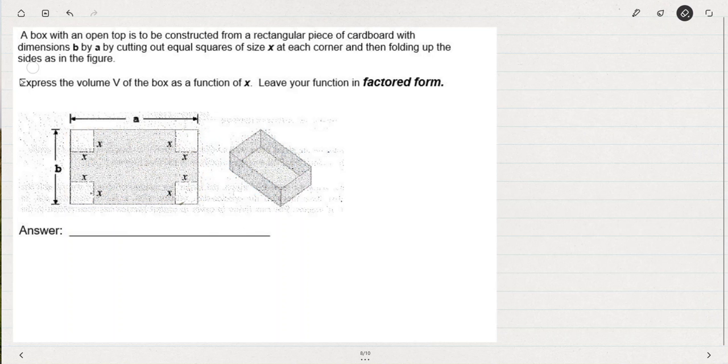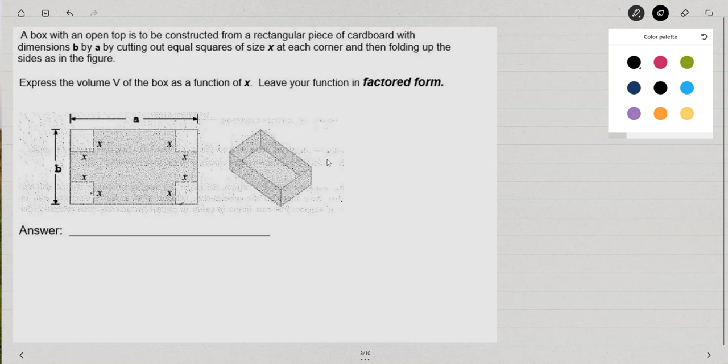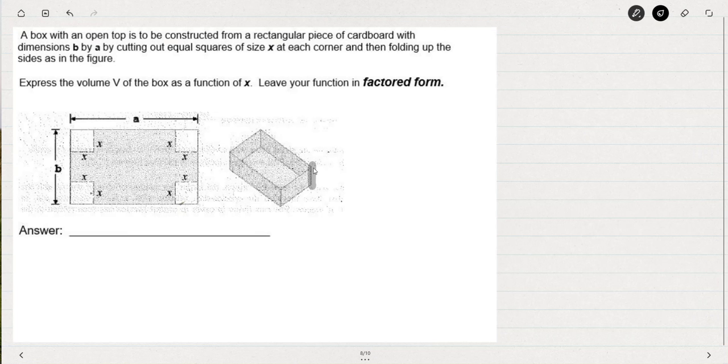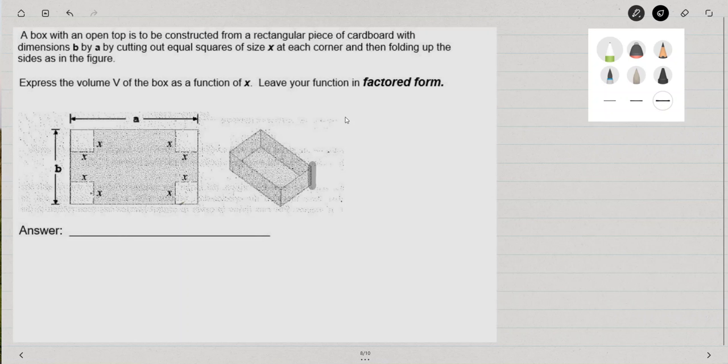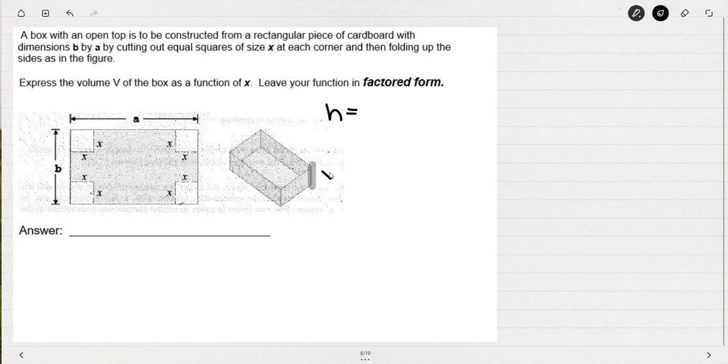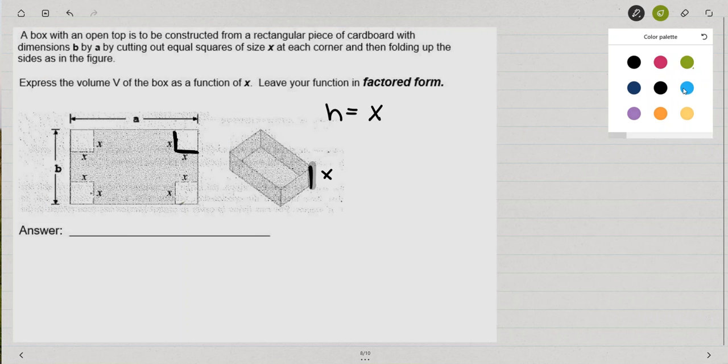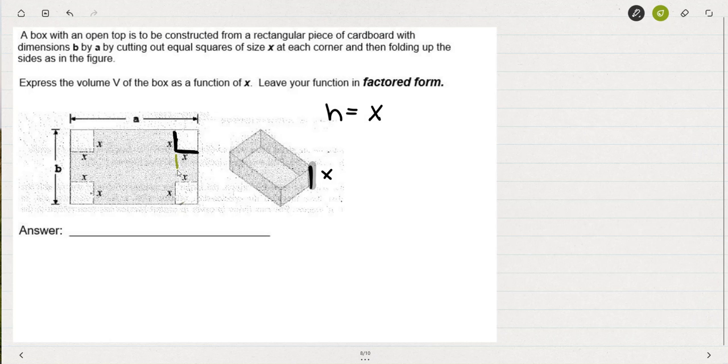When we pull those sides up, we can see that the height of the box is going to be X. Any of the X's, because our squares are all the same, right? That's how tall that box is. So the height will be X. We could see the width of the box is this amount here. These are all 4 equal, right?